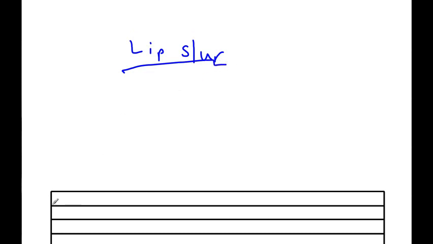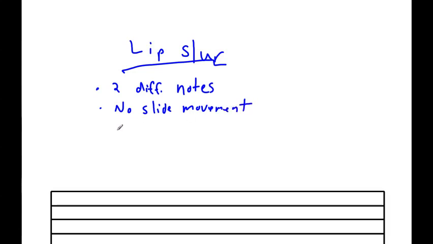So the lip slur is a slur between two different notes without moving the slide.